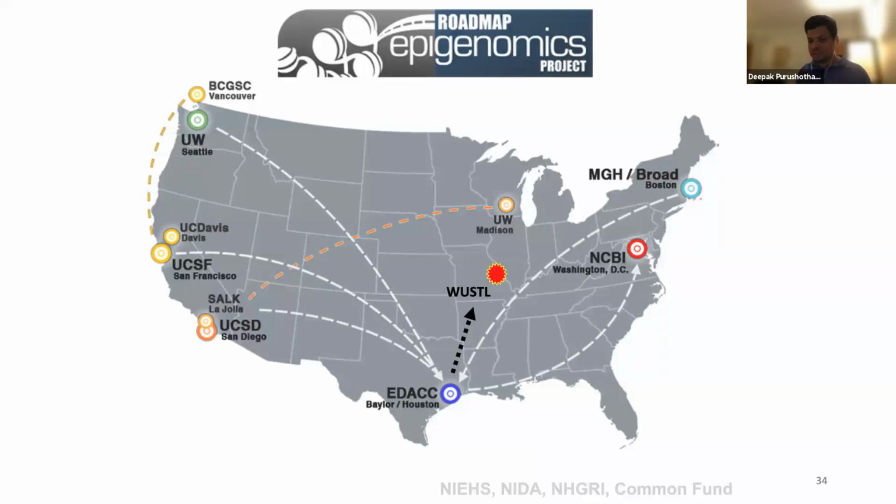So the consortium closed the gap between data generation, and also led to an important direction, which is the public dissemination and rapid release of all this data, the epigenomic profiles, the highly integrated maps.